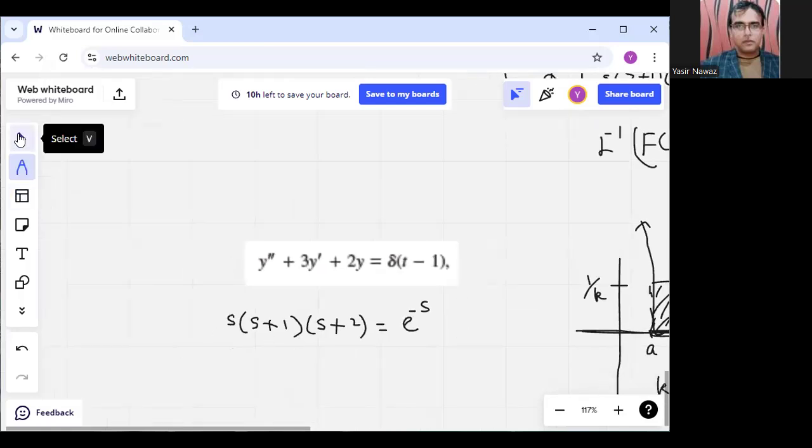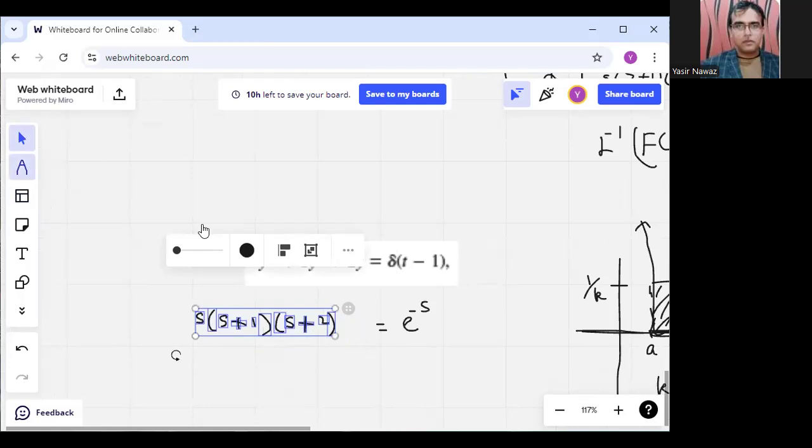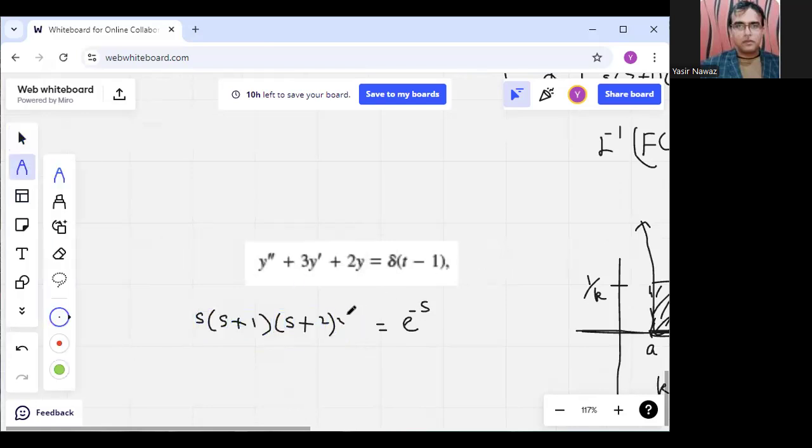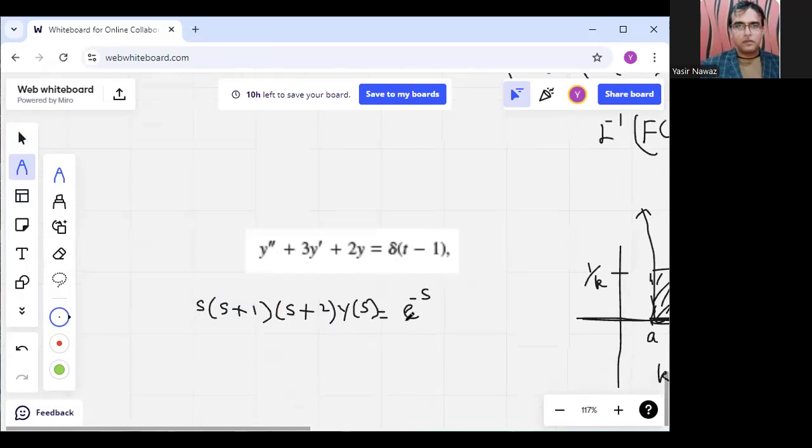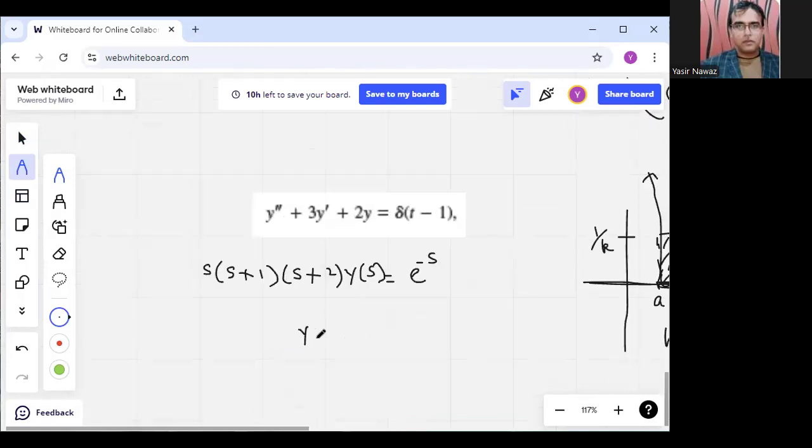Here I write one more thing. The variable y, so it's y of S. Now y of S would be e power minus S over S into S plus 1 and S plus 2.